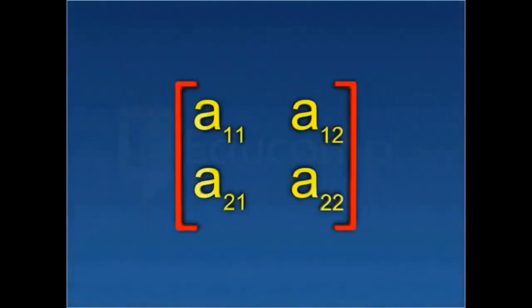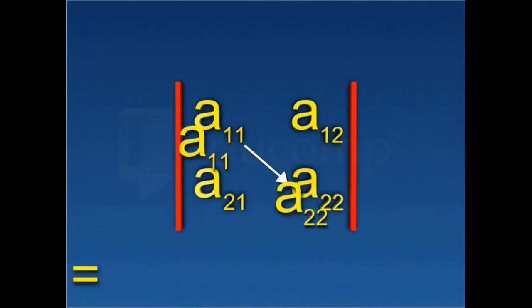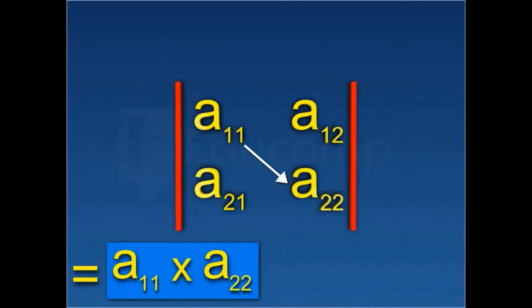Thus, the determinant of a 2 by 2 matrix is the difference between the product of the numbers lying along the diagonals from top to bottom and bottom to top respectively.